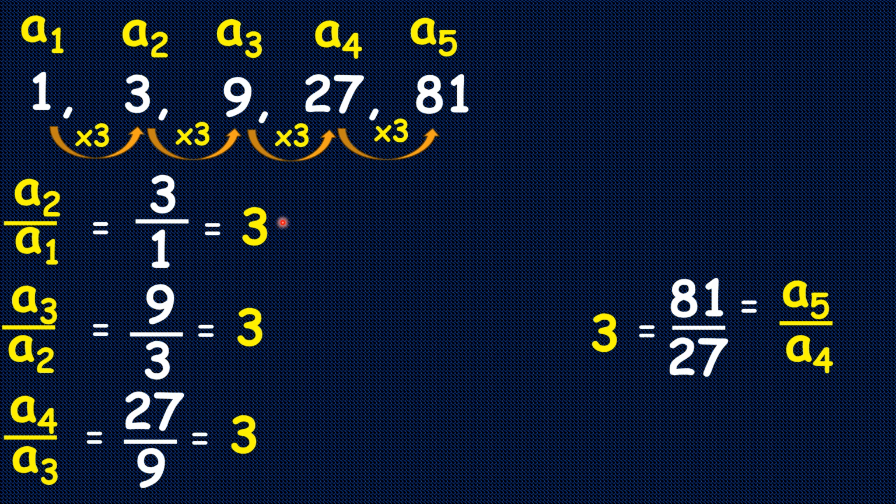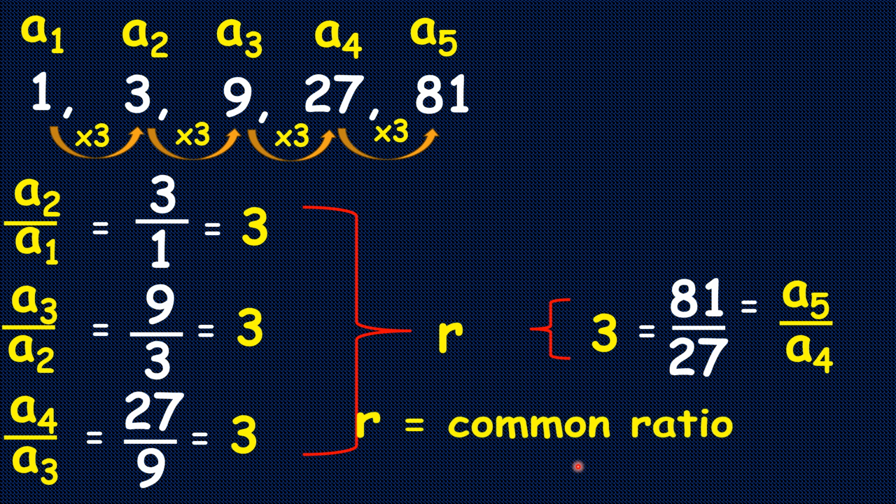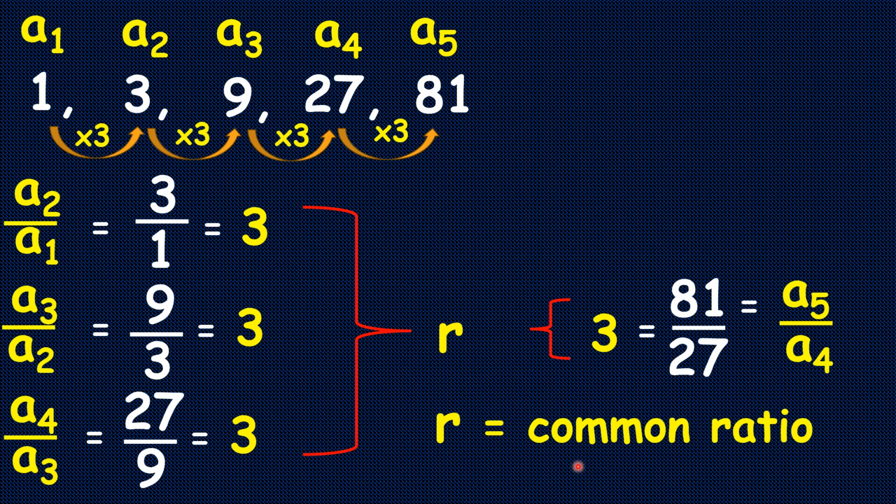So we notice that there is a ratio 3 which is common to all, and that's why we call it a common ratio. And that common ratio is denoted R. So R is the common ratio, and in this particular case, R is 3.